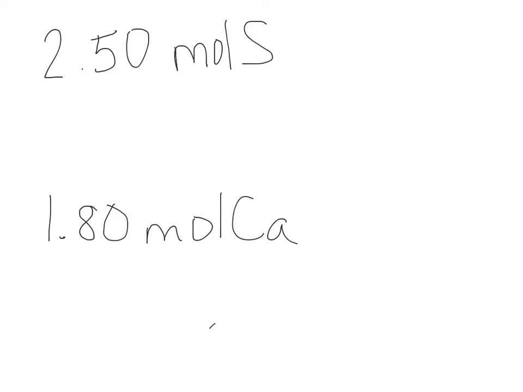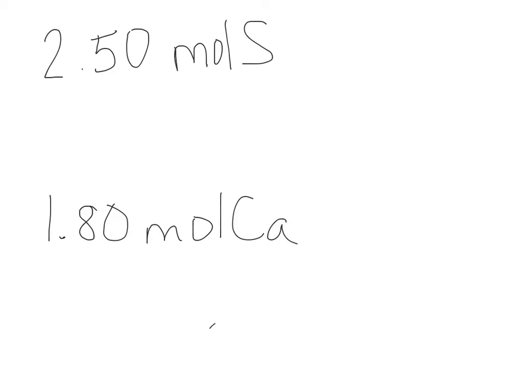So from page 133, we have 4 example problems. The first one, you're converting 2.5 moles of sulfur into grams of sulfur. So to do that, you're going to need to create a conversion factor. And if you'll remember from our work with conversions earlier, a conversion factor is just multiplying by 1.